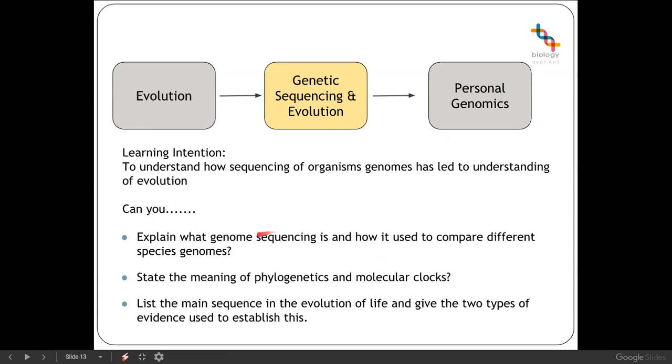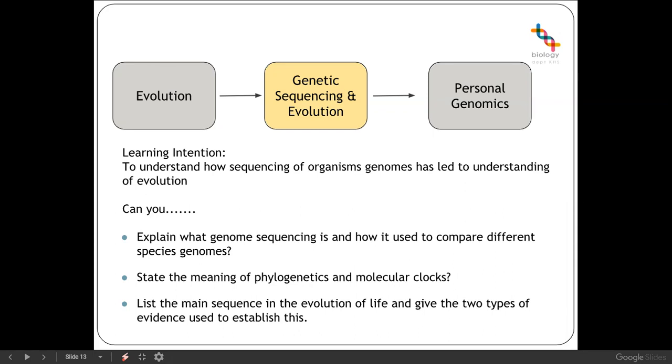So you should be able to explain that genomic sequencing is when we take the sequence of the entire gene or genome of an organism and figure out what the individual nucleotides are and what order they go. You should be able to say that phylogenetics is when we are looking at the evolutionary relatedness of different species, looking at how the mutations have occurred over time.